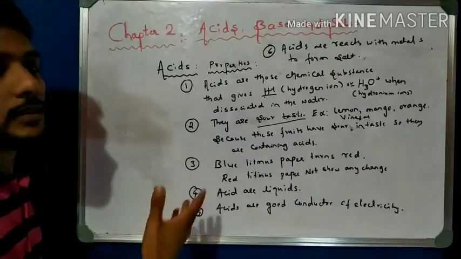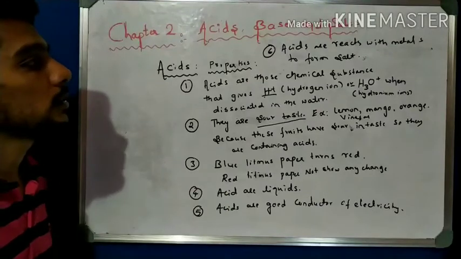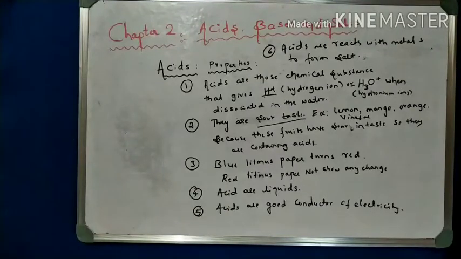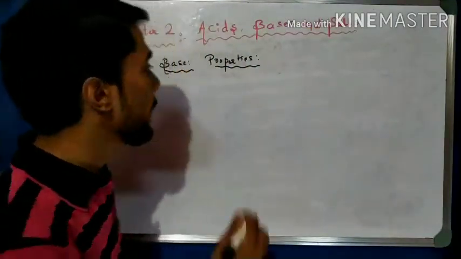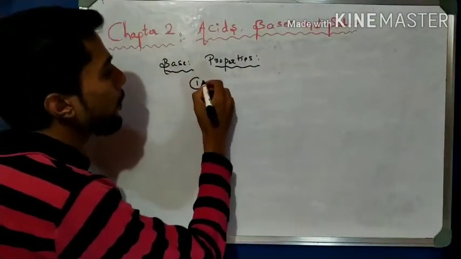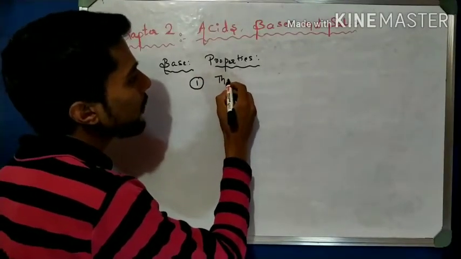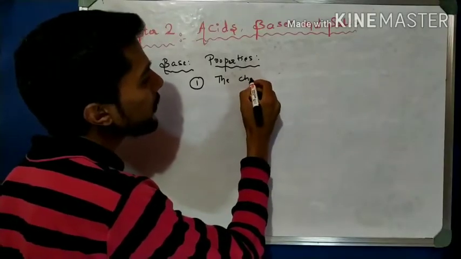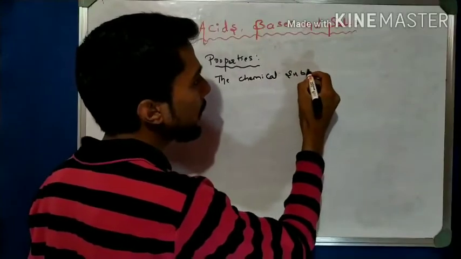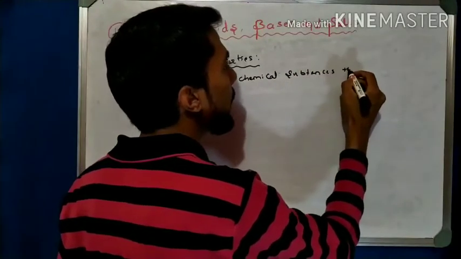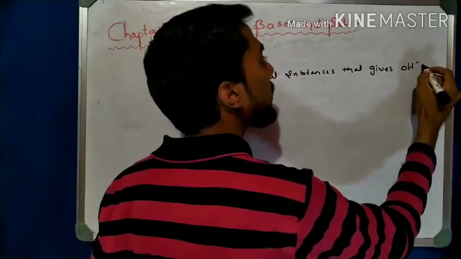Then we come to the next topic, which is about the base. So write this down. Study about the base, the properties of the base. Number one property about base: bases are those chemical substances that give OH minus ions.